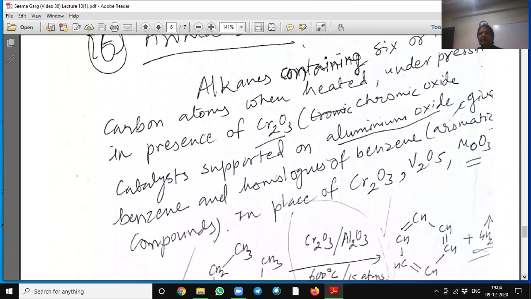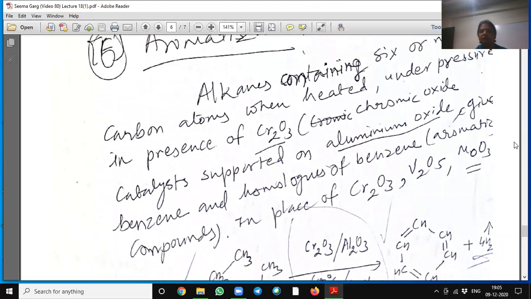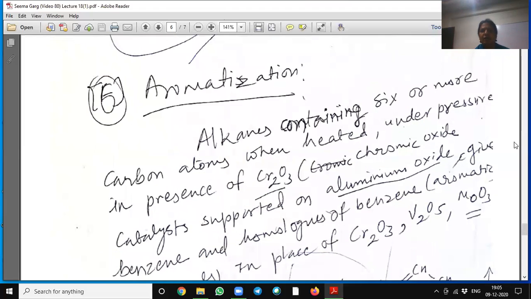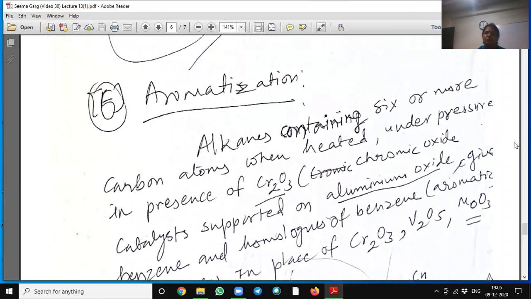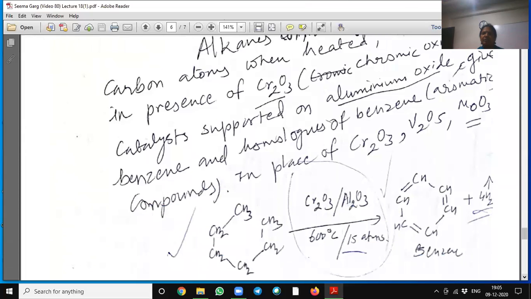Aromatization. Alkanes containing 6 or more carbon atoms when heated under pressure in presence of chromic oxide catalyst supported on aluminum oxide, give benzene and homologues of benzene, aromatic compounds.